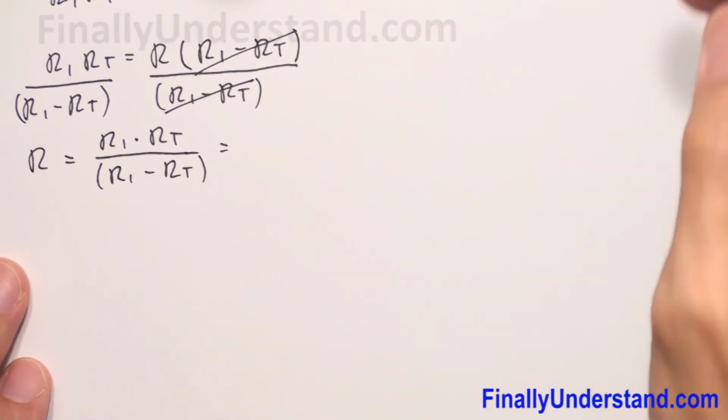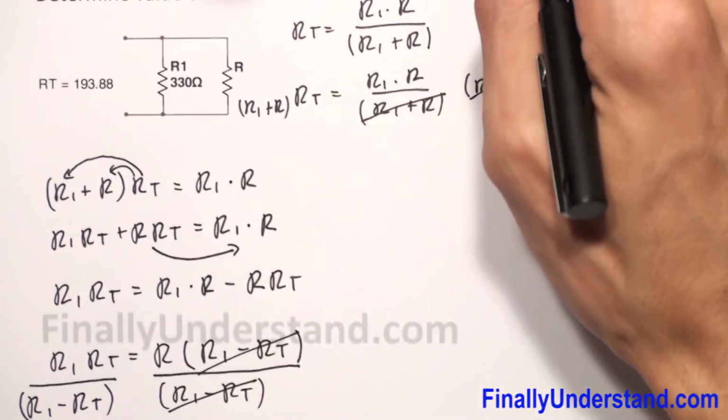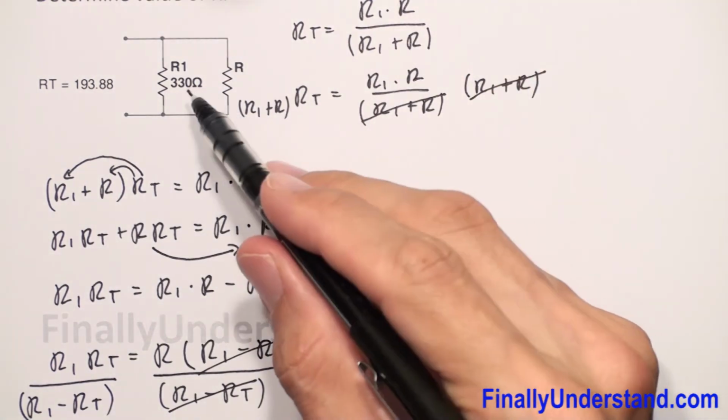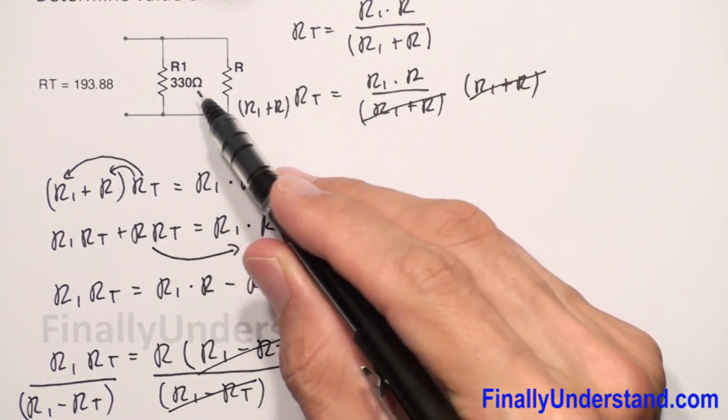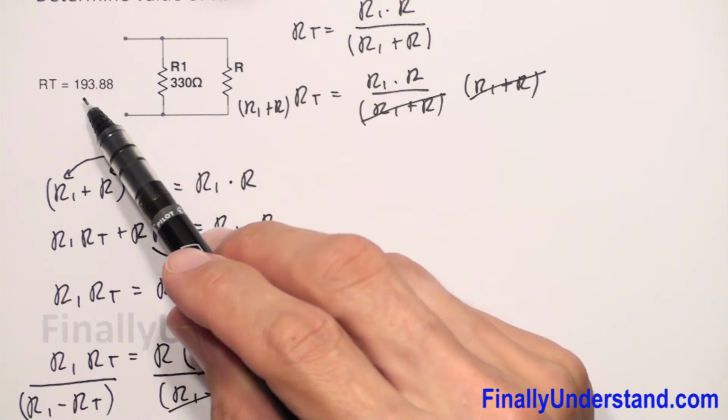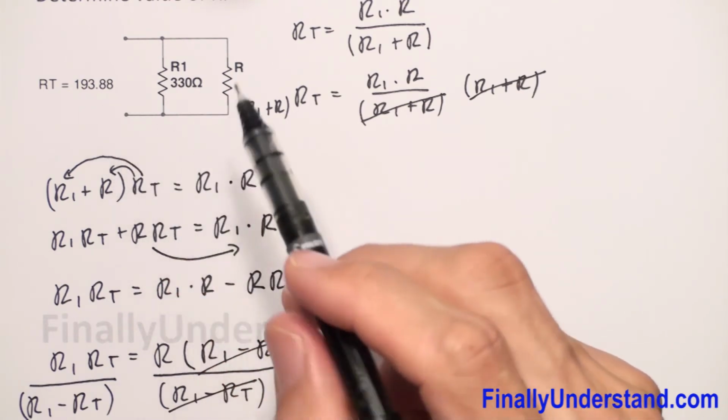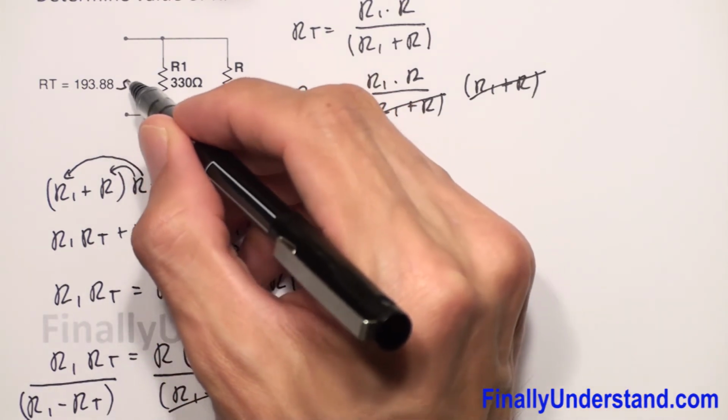So this is equal, my R1 is equal to 300 kilo-ohms, and my R total is equal to 193.88 ohms, of course.